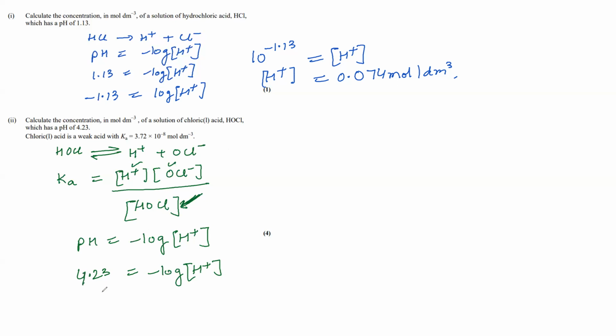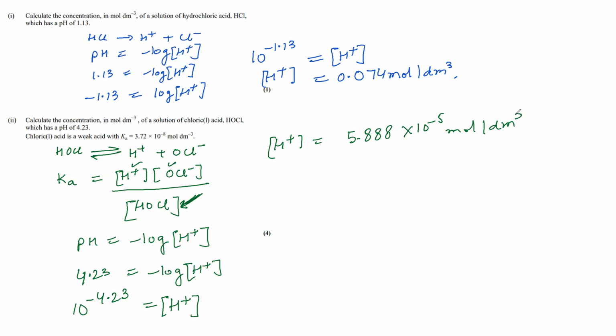So taking anti-log on both sides, or taking 10 to the power negative 4.23, equals the concentration of H positive. H positive will come out to be 5.888 into 10 to the power negative 5 mole per decimeter cube. Rounding it off, we get 5.89 into 10 to the power negative 5 mole per decimeter cube. So you got the concentration of H positive.